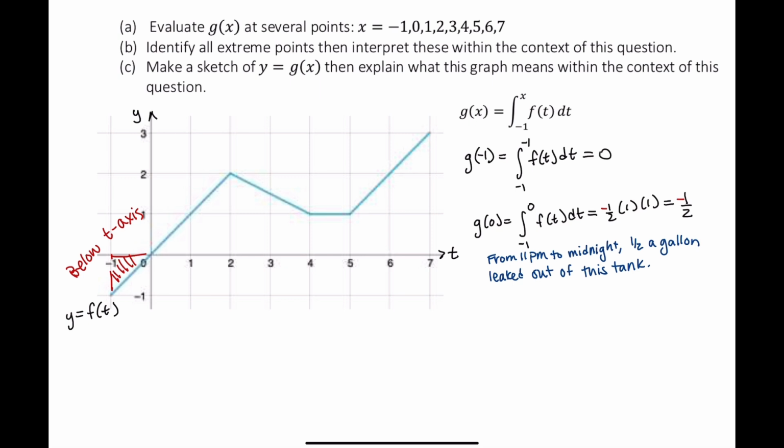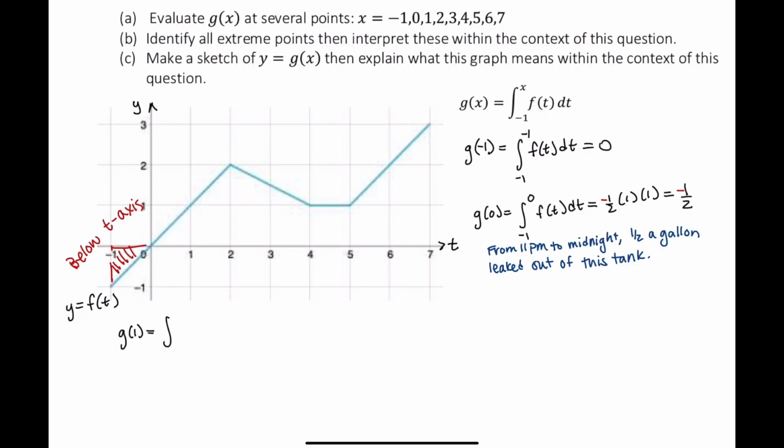Let's go ahead and look at g of 1. This is the integral from -1 to 1 of f of t dt. And I'm going to go ahead and erase what I worked on before. And now let's see. From t equals -1 to t equals 1, we end up with these symmetric triangles here.